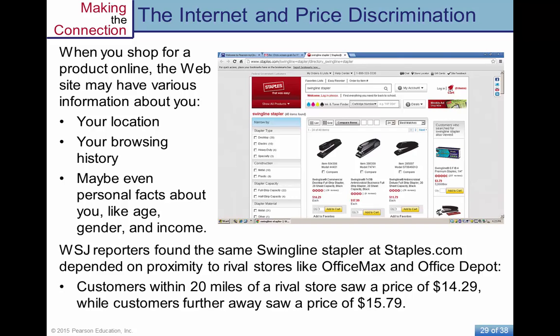WSJ reporters found that the price of the same Swingline stapler at staples.com depended on proximity to rival stores like Office Max and Office Depot. Customers within 20 miles of a rival store saw a price of $14.29, while customers further away saw a price of $15.79.